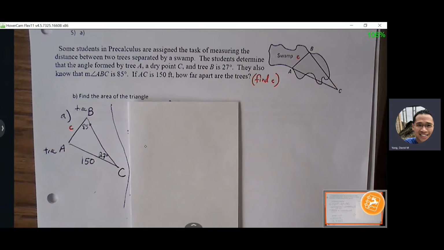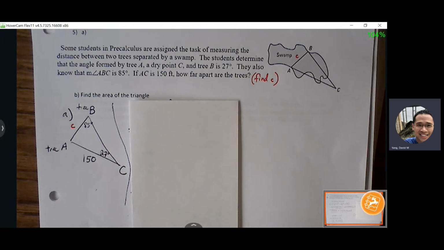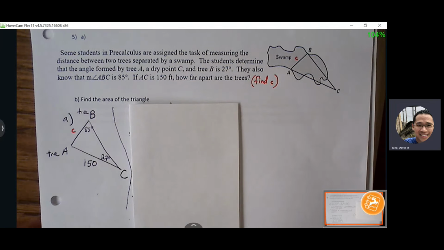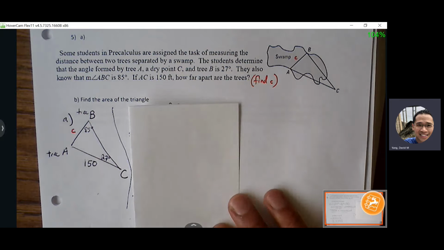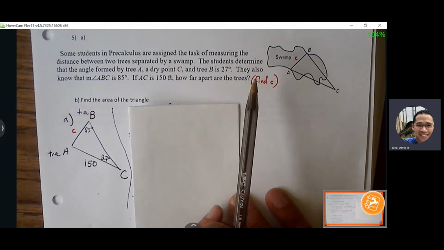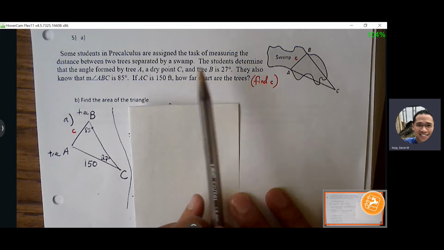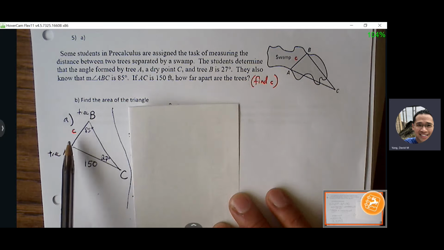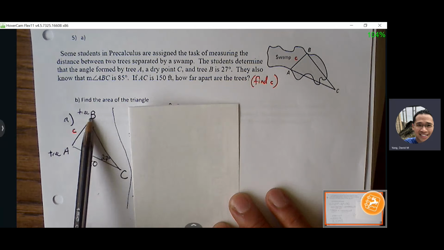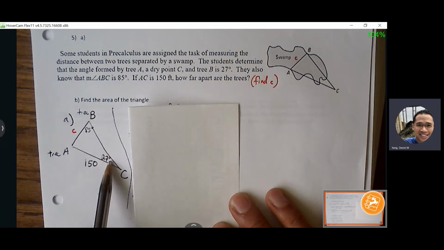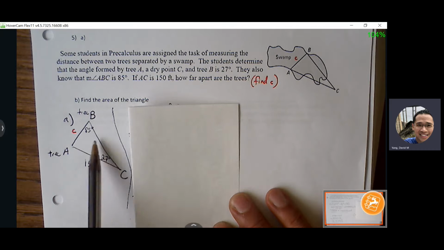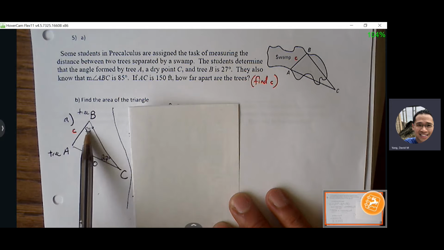Okay, let's read number 5. Some students in pre-calc are assigned the task of measuring the distance between two trees separated by a swamp. Students measure that the angle formed by tree A, point C, and B is 27, so that is basically telling us angle C is 27. Angle ABC is 85.